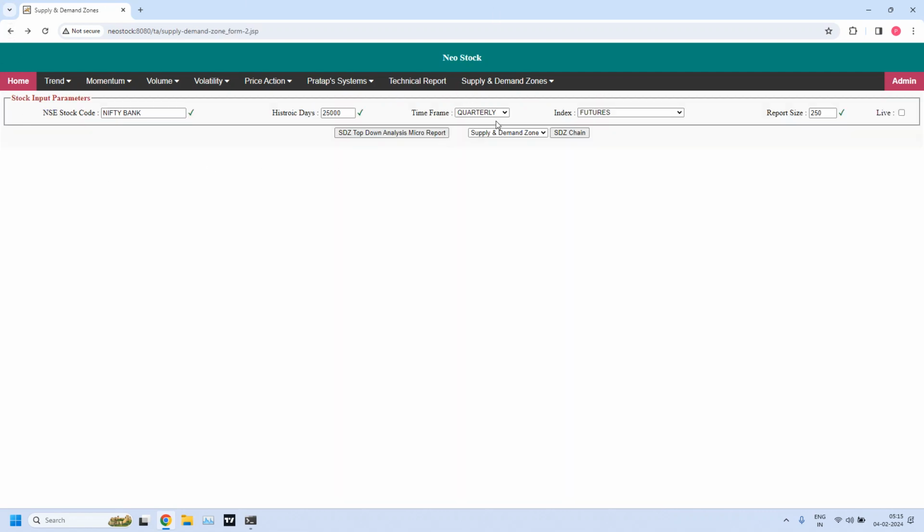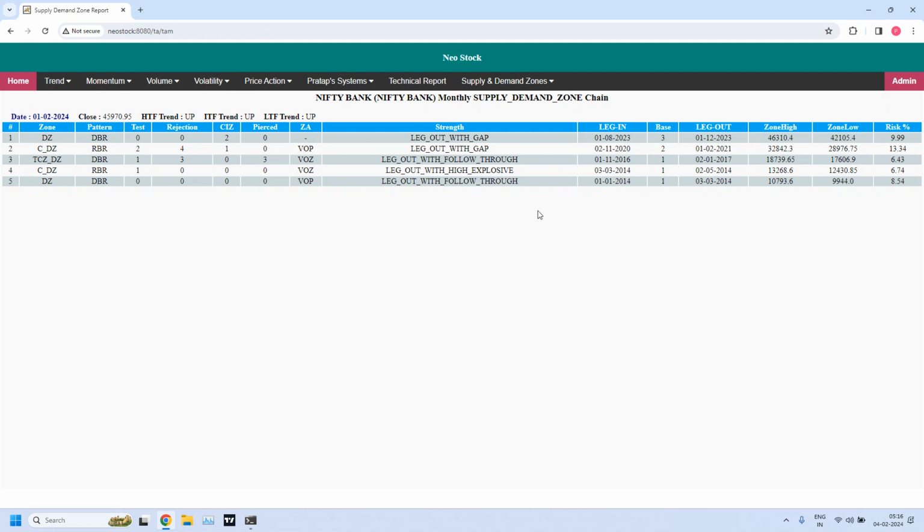So let's go back and change the time frame to monthly. Let us generate the chain. So 1/8/2023 and 1/12. So in December, a monthly zone was created on Nifty 50. Currently, this zone is not tested, but prices already closed inside the zone soon after it was created.